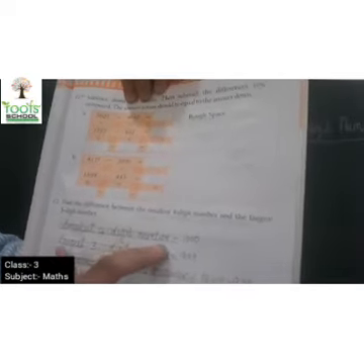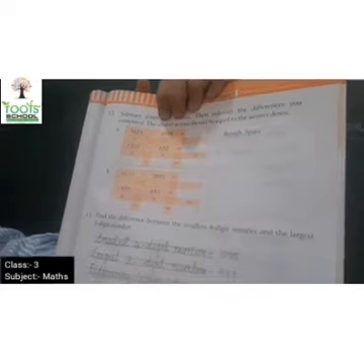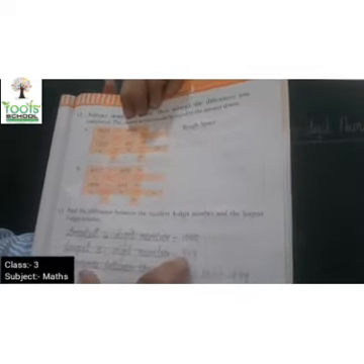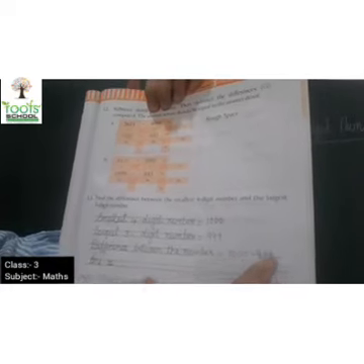It says find the difference between the smallest 4-digit number and the largest 3-digit number. So kids, what is the smallest 4-digit number? It is 1000. And what is the largest 3-digit number? It is 999. Now the difference between the numbers is equal to 1000 minus 999.